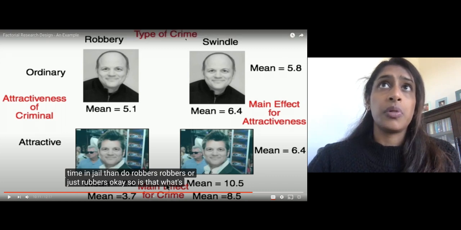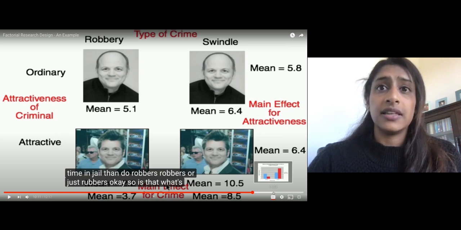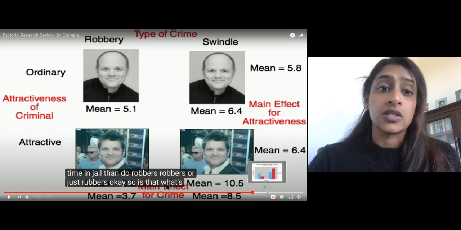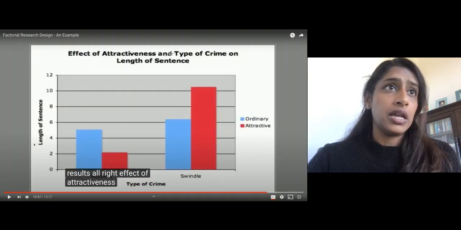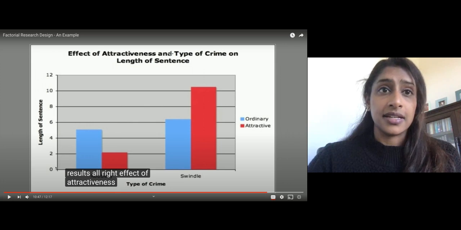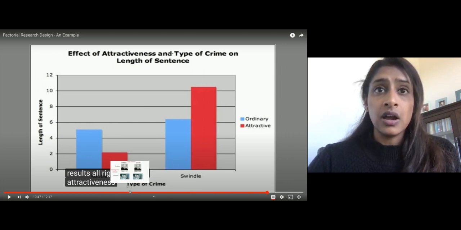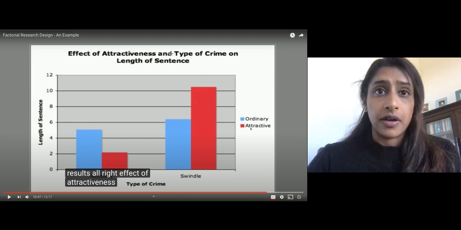So we're going to plot on our graph the type of crime, and actually in this case we're going to say our y-axis is always your dependent variable. So we're going to put our dependent variable here, which is the length of our sentence, and then you pick one of the independent variables to plot here, and then you will make each of your bar graphs by your other independent variable.